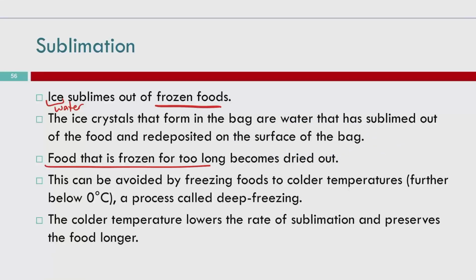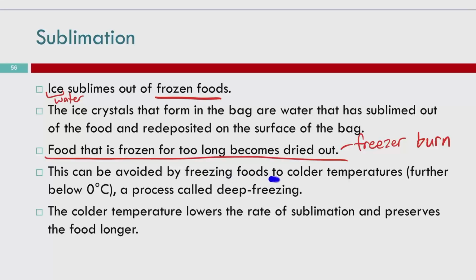Food that is frozen for too long becomes dried out. This is freezer burn. So yes, you can store stuff in your freezer for really long periods of time. However, if you do that for too long, you get freezer burn. It's going to come out with really weird textures, especially vegetables are weird if you do it this way.